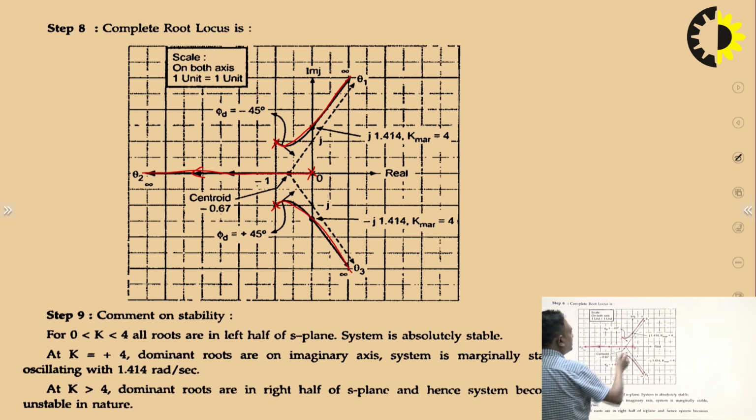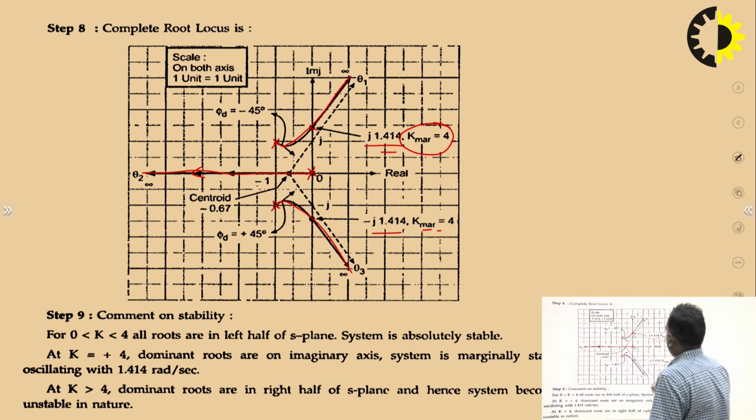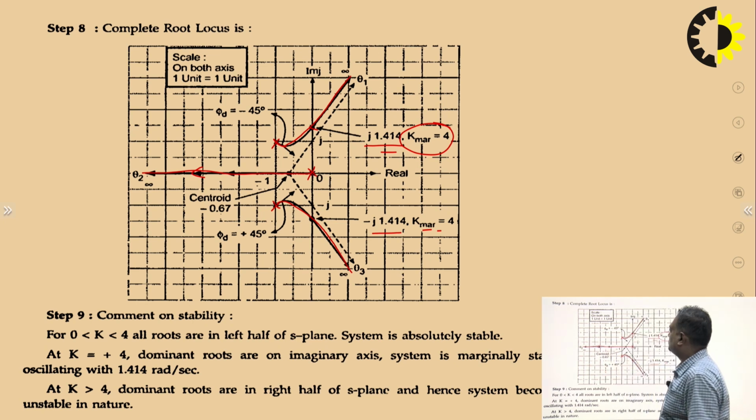This is the point we calculated, k marginal equal to 4, s equals j1.414, and this is minus j1.414. If you want to comment on stability, as you increase the gain, this root is moving towards the left hand side, so it will not affect the stability.